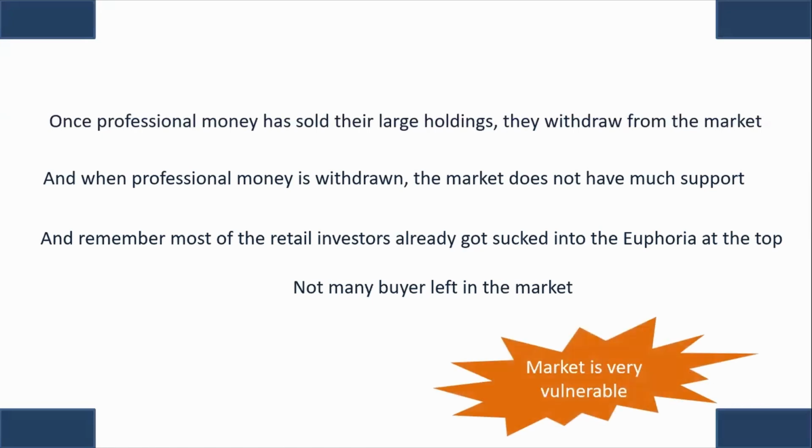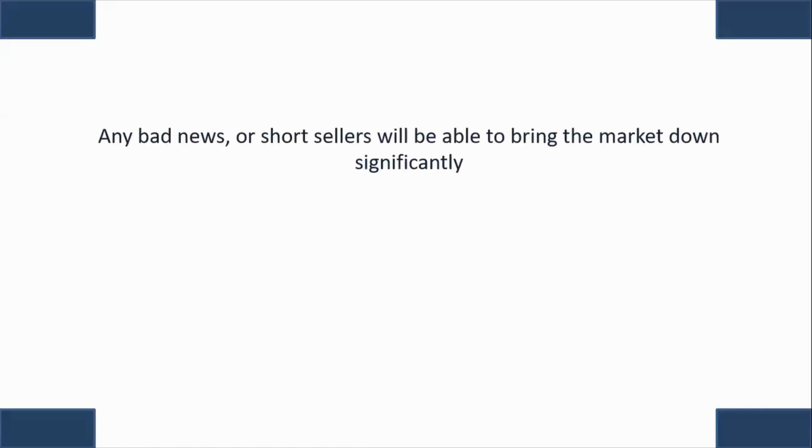And when not many buyers are left, the market is very vulnerable, because if there is a fall, the fall could be very big because there are very few buyers. So any bad news or short sellers will be able to bring the market down very significantly at this point of time. And then a vicious fall will start.